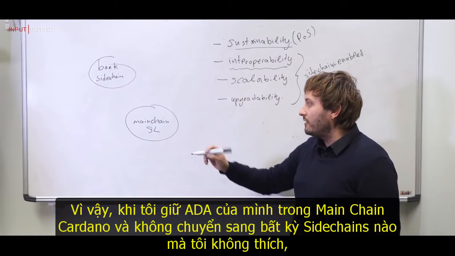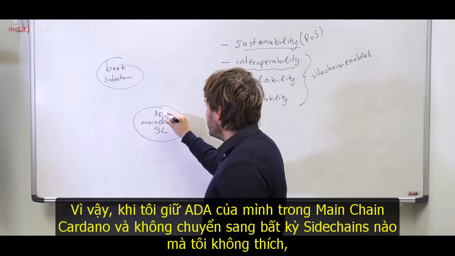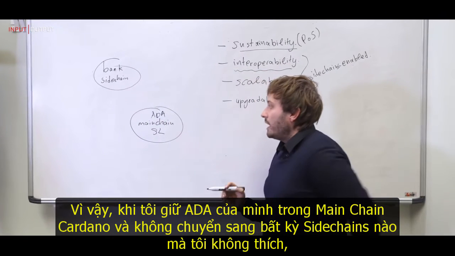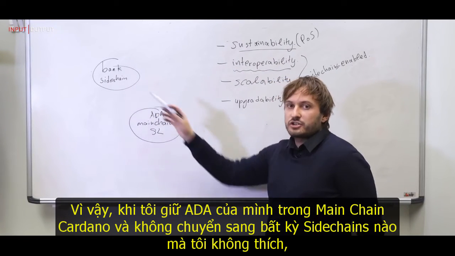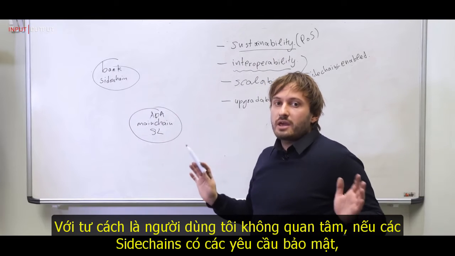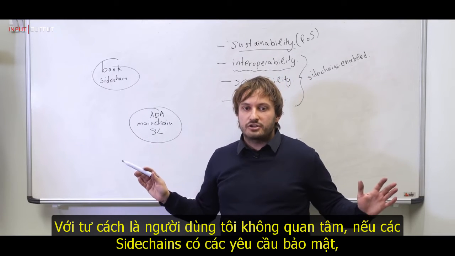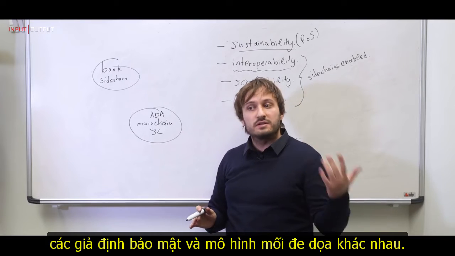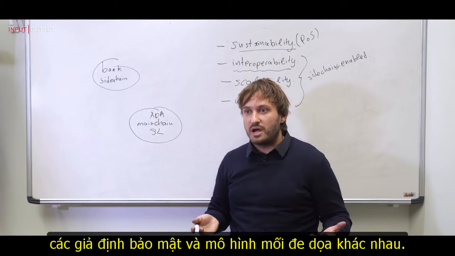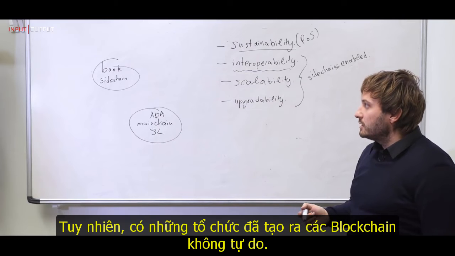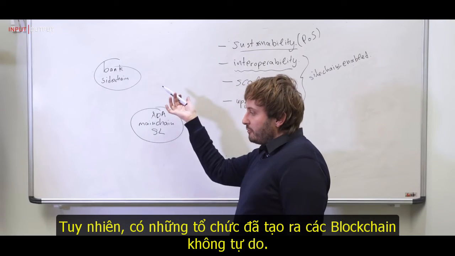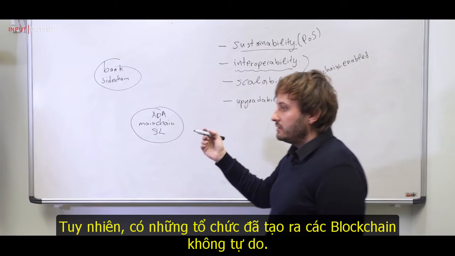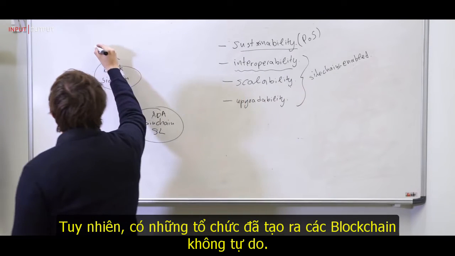So as I keep my ADA within the Cardano main chain and I don't move it to any sidechain that I don't like, I don't care as a user if there's sidechains that I don't agree with that have different security requirements and different security assumptions and a different threat model. However, there have been organizations that have created unfree blockchains.